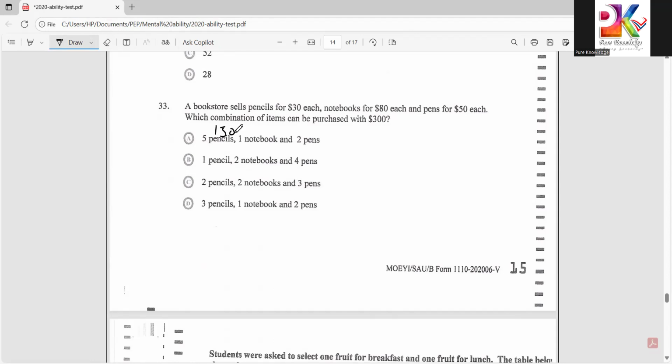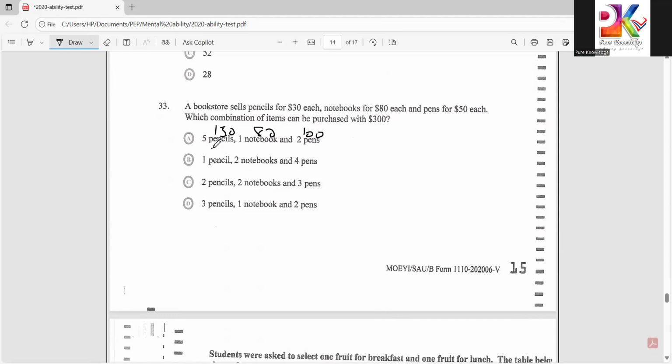And then a notebook will be 80, and 2 pens will be 100. So right there, you can see that it's past $300 already, because this will be 250 already, and then you add 80, so this will be $330. So that's past $300.